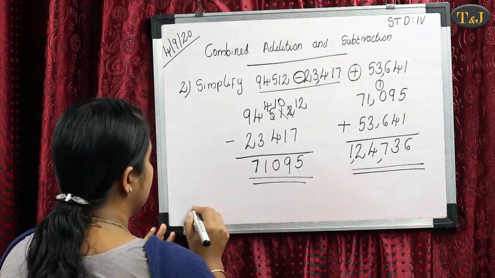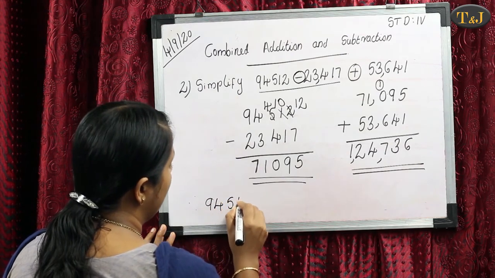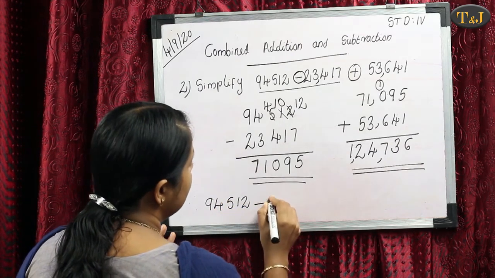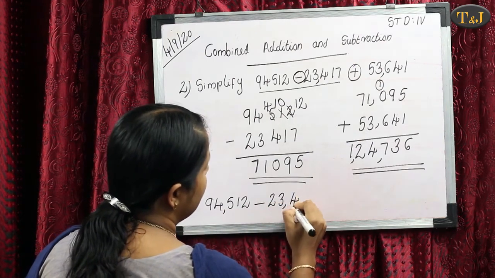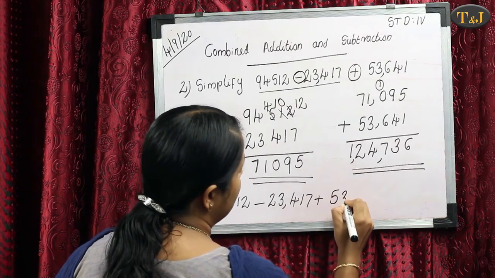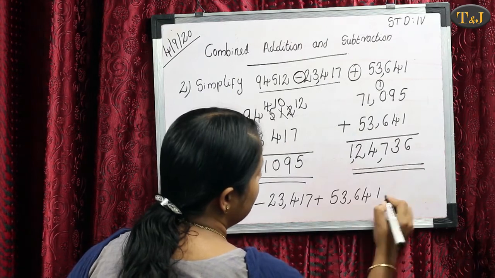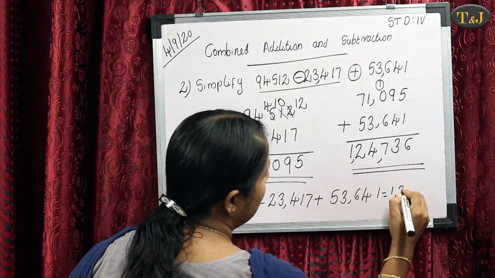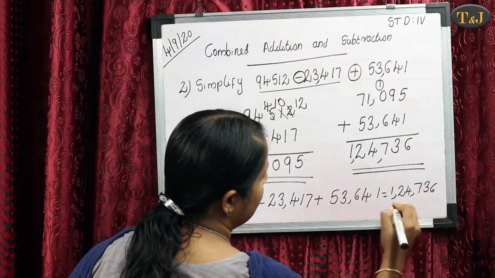So we write therefore 94,512 minus 23,417 plus 53,641. Then our answer is 1,24,736.